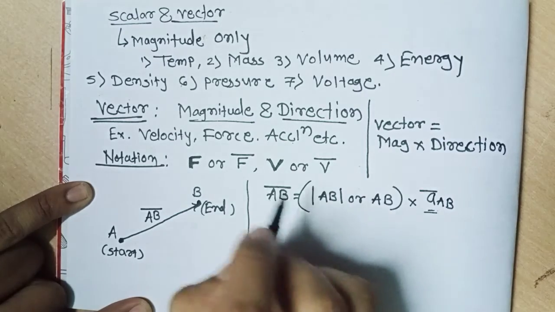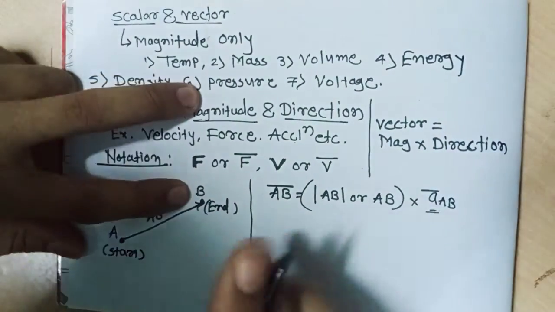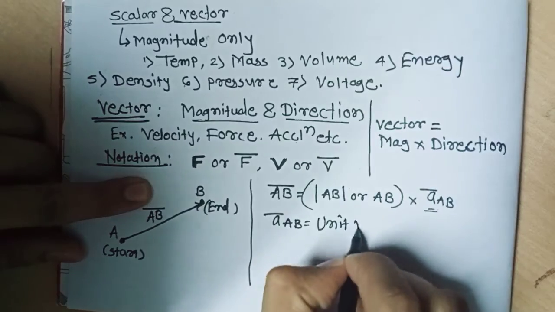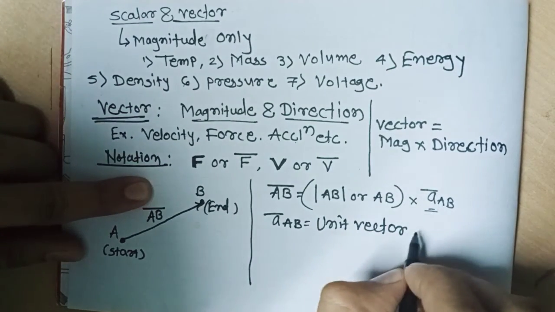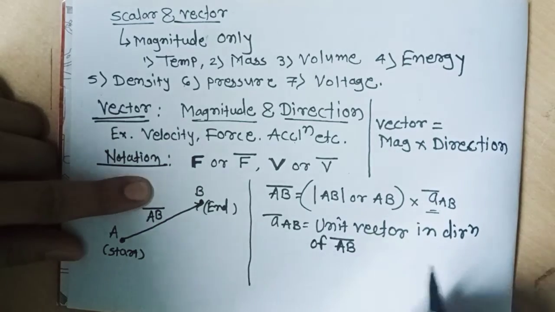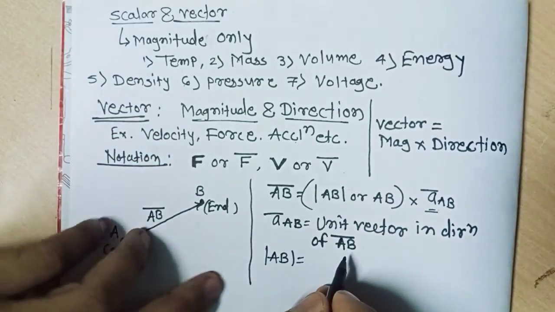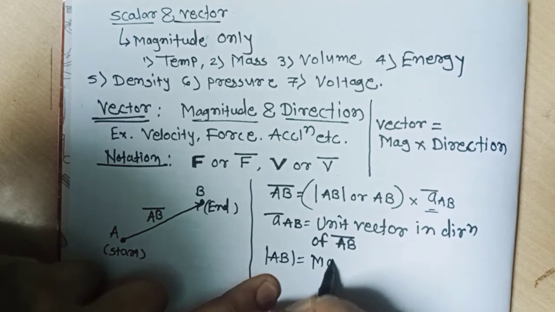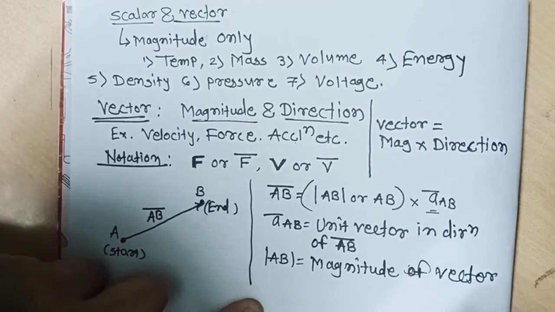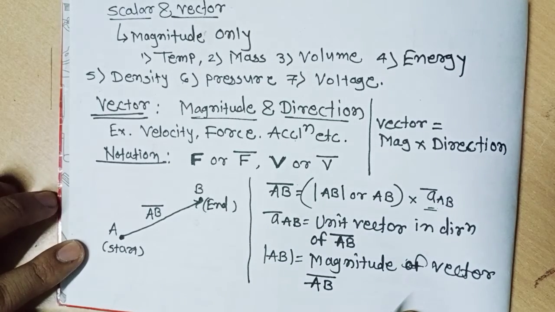This a bar AB is the unit vector in the direction of AB bar, and mod of AB is the magnitude of vector AB. This is how vectors are calculated.